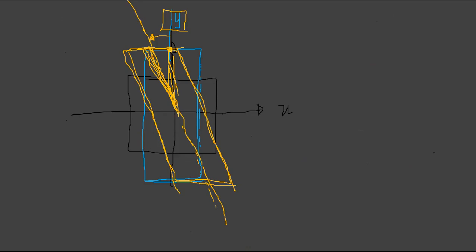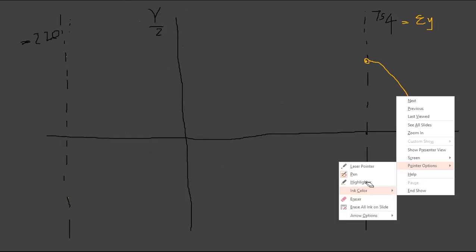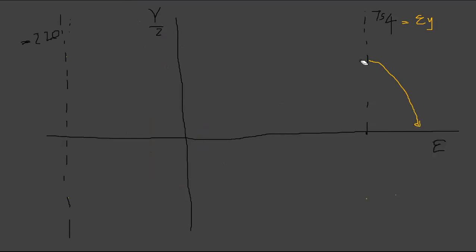This comes from your thinking: this strain is quite large, so there's more possibility to have principal strain at that kind of angle. I think I have to make this graph smaller.